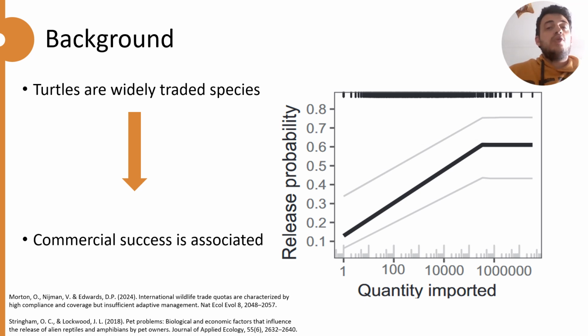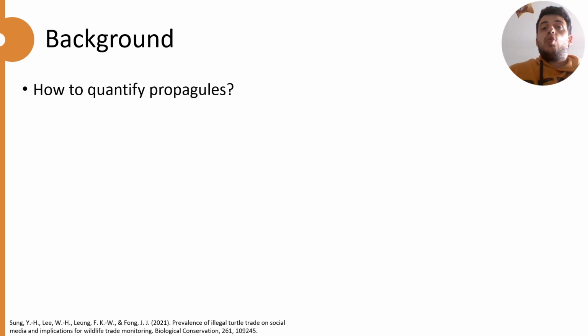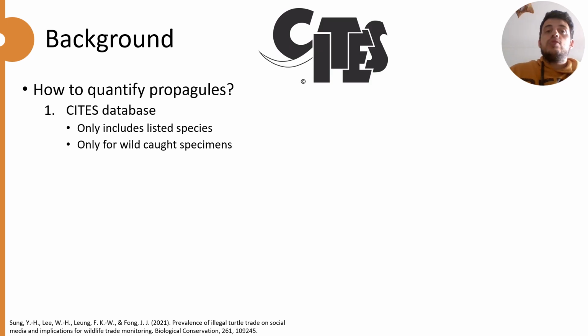And this raises a question: how should we quantify the species that are being traded? We can use the CITES database, but this database only includes CITES listed species and also only includes wild-caught specimens.